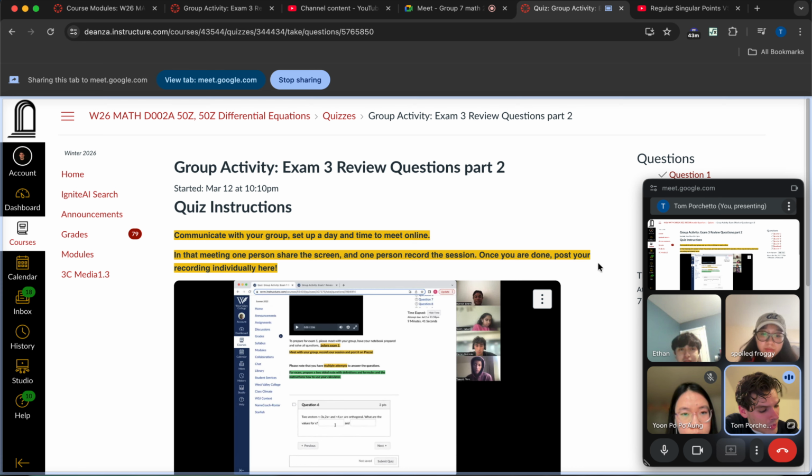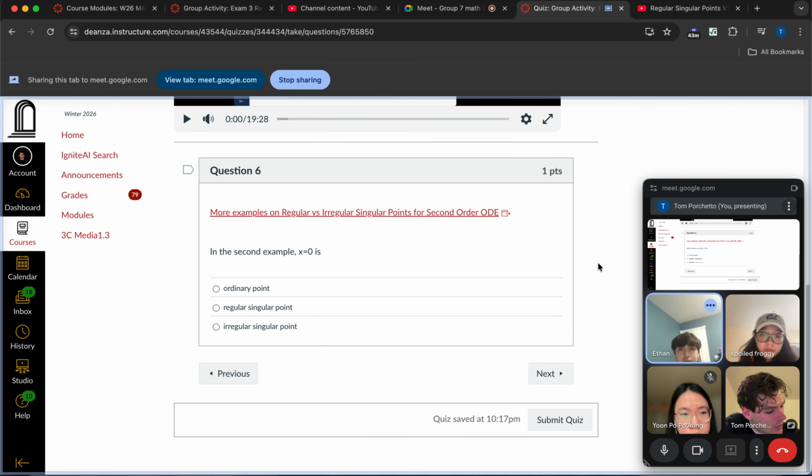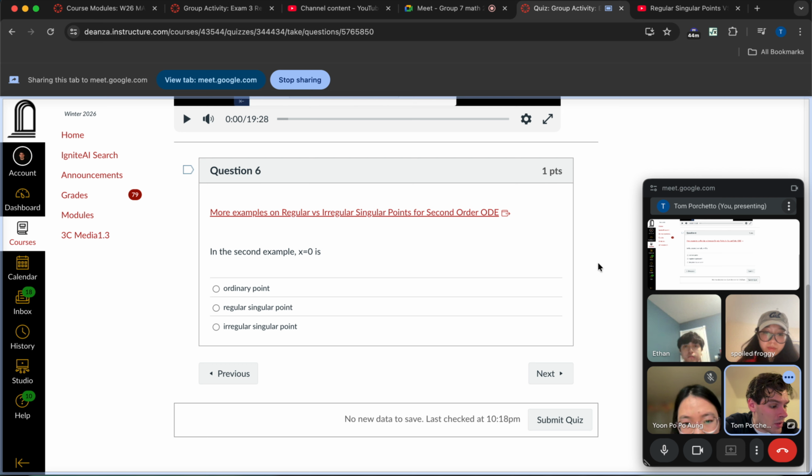In the second example, I have a different equation, which is (x cubed minus 2x squared plus 3x) squared times y'' plus x times (x minus 3) squared times y' minus (x plus 1) times y equals 0.